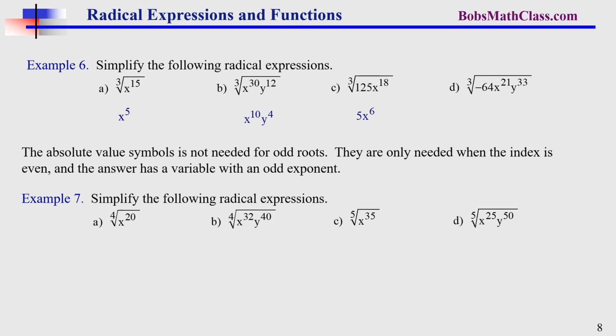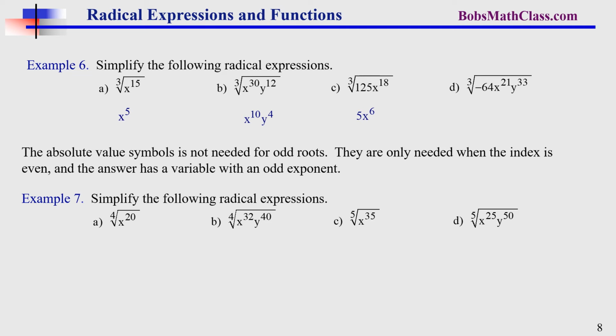Okay, next one. We have a negative 64. So what's the cube root of negative 64? That would be negative 4. So whenever we have a negative, our cube root will also be negative. Negative 4 times negative 4 times negative 4 is negative 64.